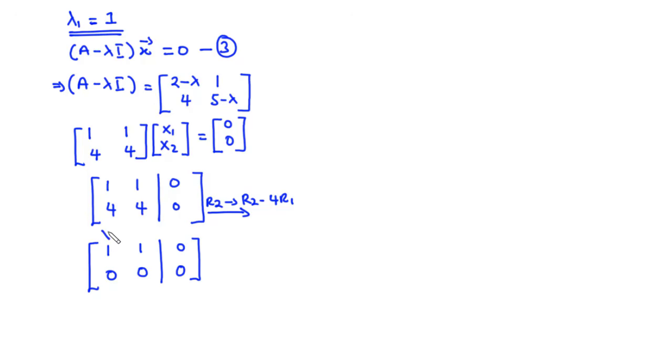Now we have this to be x1 and this to be x2. So we say that we have x1 plus x2 equals 0. Let's transpose x2 to the right hand side so that we have x1 equals negative x2. At this point, let's choose any arbitrary value for x2.